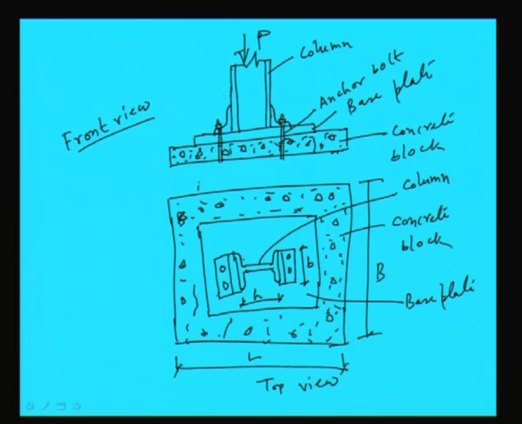Now the critical section will be here, say 1-1. So the critical section lies here. Similarly in this direction the critical section lies here. So I am giving this as 2-2 and this as 1-1, right, and let us make this distance as say A and this distance as say B.